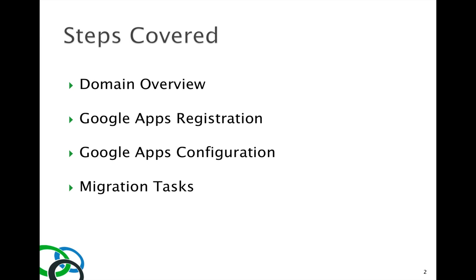Your email still will work as normal. But what we'll do is then take the fourth step of migrating your existing email into the Google Apps environment. And then lastly, we'll go over a review of everything that we've covered and some additional getting started training for Google Apps.